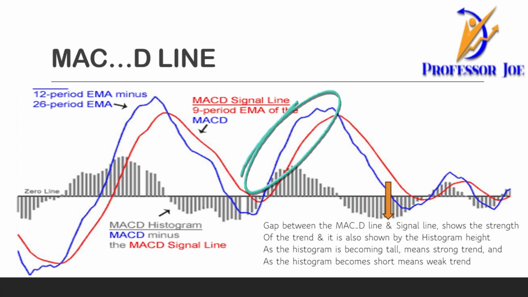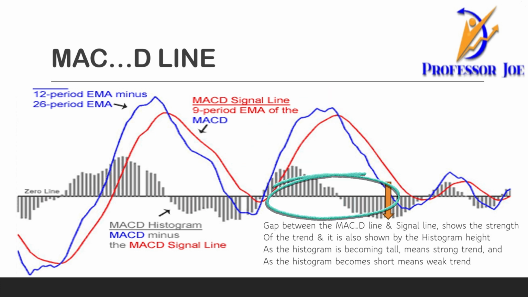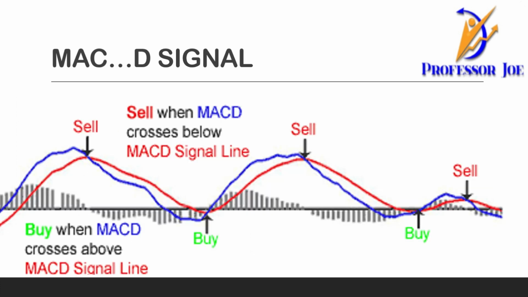So you can either see the gap between both the lines, that is the MACD line and the signal line, or you can look at the length of the histogram to check the strength of the trend. Yes, so this way you will come to know what is the strength of the trend. And the fourth component of MACD is the zero line, which you can see in the center in between the histograms.